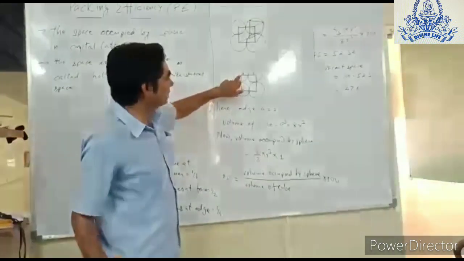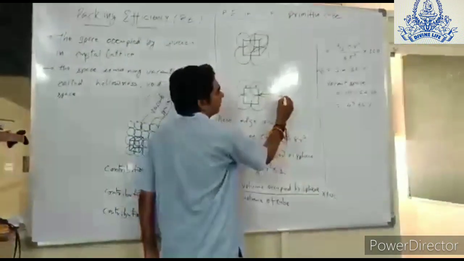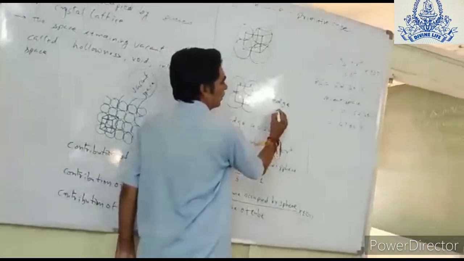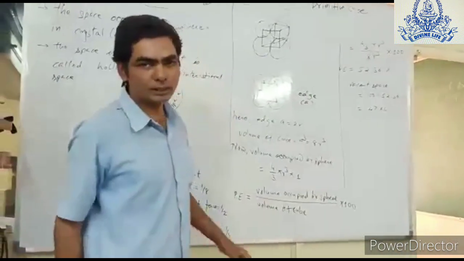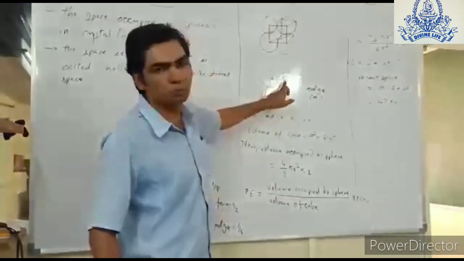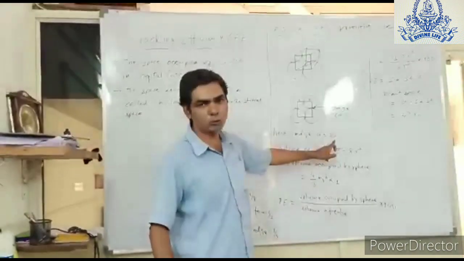From this center to this center is known as the edge, and the edge is denoted by small a. So here the value of a is r plus r, that is 2r. So here edge a equals 2r.